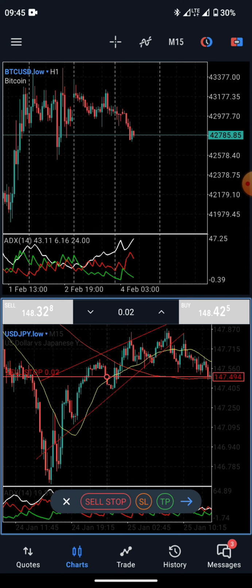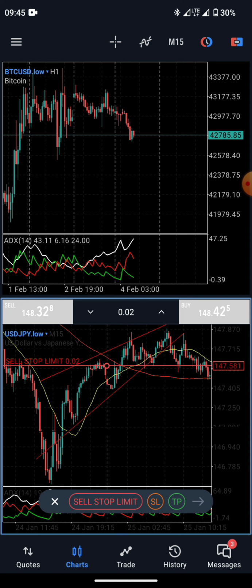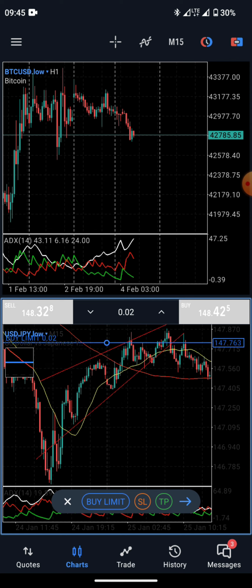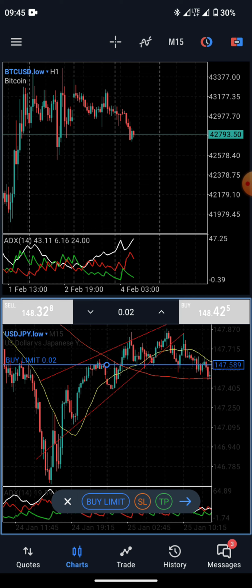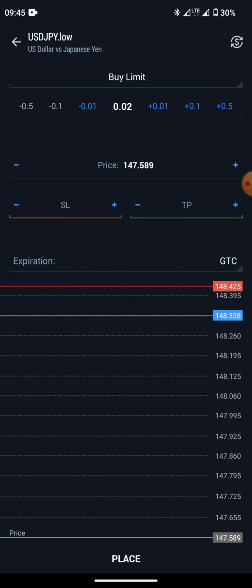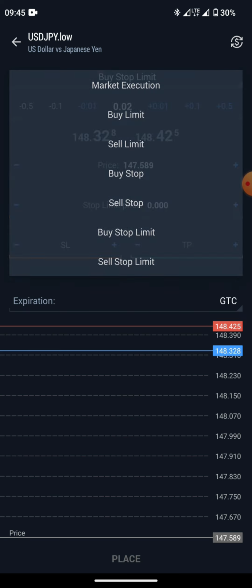Now you have your, let me even leave it as buy limit. You have your buy stop limit at 147.78, but the buy limit price is at 147.57. So now let's go to where we are going to set it to buy stop limit.